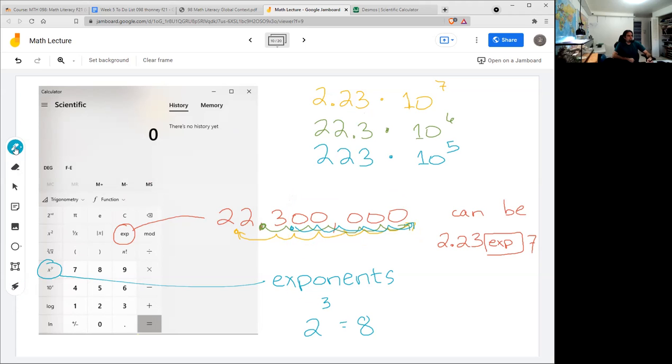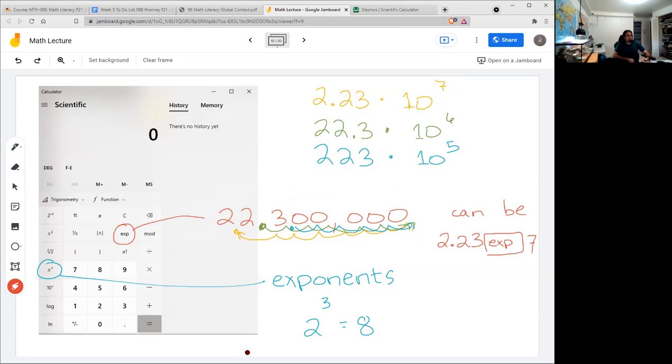That would be different than if I had 2.2 times 10 to the 7th. In that case, I wouldn't know this 3. That 3 might just be because the calculator put a 3 there, but my answer, I'm going to say, I only know it to 1 decimal point of precision. My equipment is only that accurate, something like that.